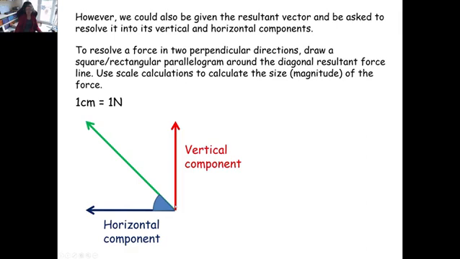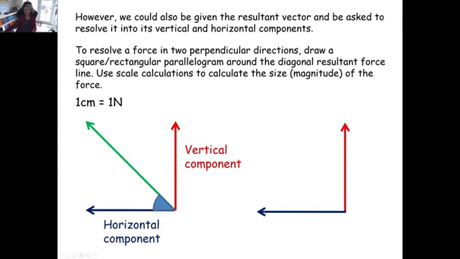Okay, so if you think about it, what we did last lesson, if we were given two vectors, a vertical vector here and a horizontal one here, and we had a point object here, and we were asked how would that object move if these two vectors acted upon it. Well, from our last lesson you remember how we add those vectors together.